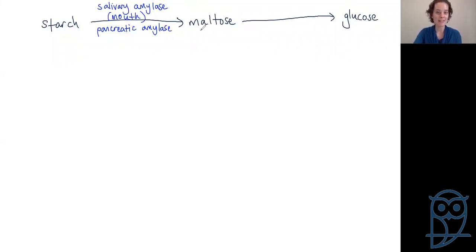After talking about the system itself, this is happening now in the duodenum. Because remember, that's where all the fluids from the pancreas come out into the duodenum. That's where they join our digestive tract. So we have salivary amylase and we have pancreatic amylase. Both of those are breaking down starch to maltose. So we've gone from lots and lots of glucose to only 2 glucoses stuck together.